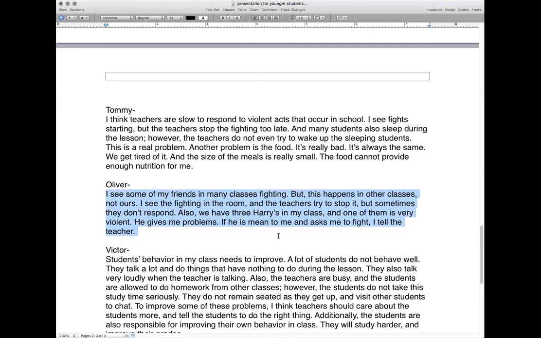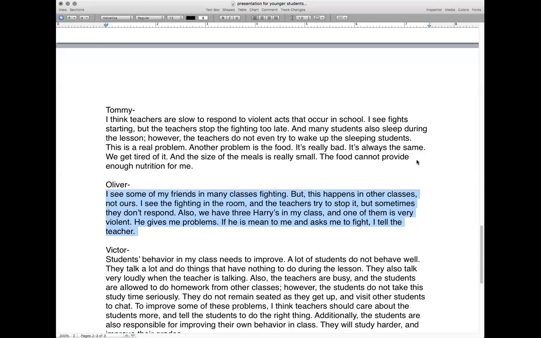Okay, teacher. I see some of my friends in my classes fighting, but this happens in other classes, not ours. I see the fighting in the room and the teacher tried to stop it, but sometimes they don't respond.